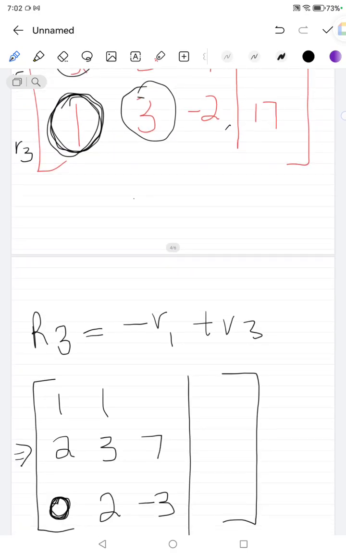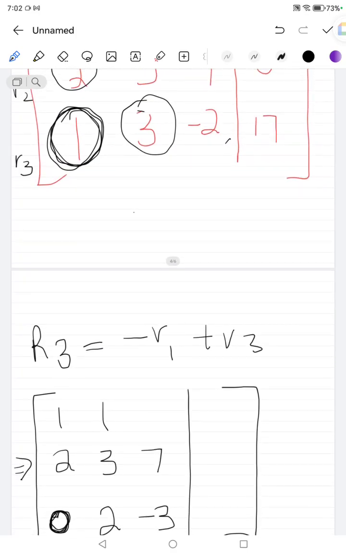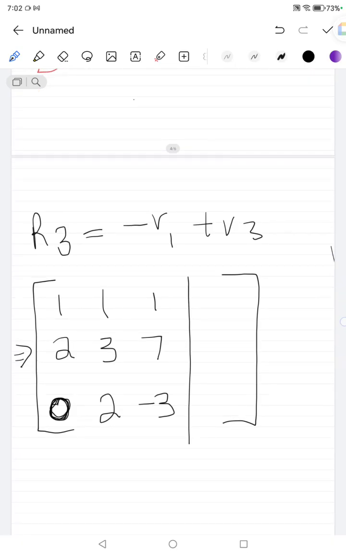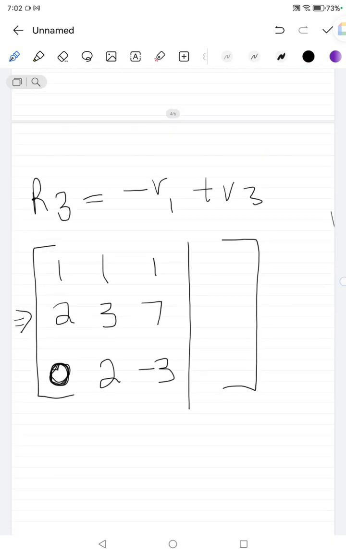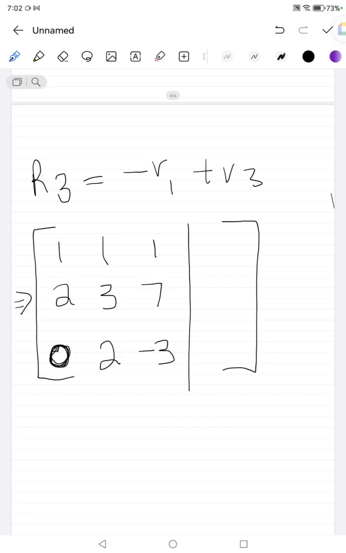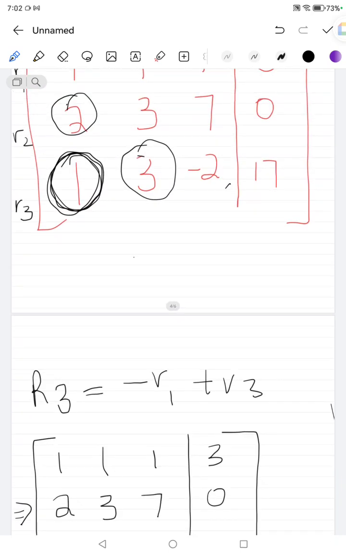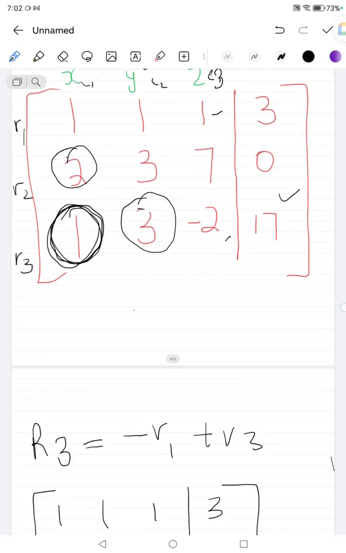Then we still have that 1. Then here we have 3 and 0. We have 3 and 0. What we forgot to change is the last one, which is our 17 this side. So we're just going to quickly go and do it.